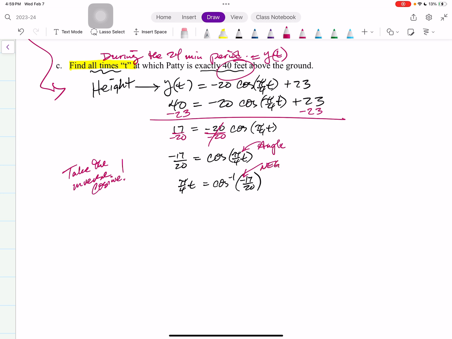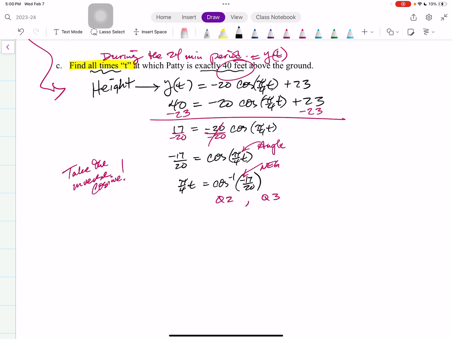And you got to be thinking, in what quadrants is this negative? Cosine is negative in quadrants 2 and 3, as you guys know. So I'm going to say a quadrant 2 and then also a quadrant 3 angle. And the question is, what are those two angles? And whatever they are, I then use them to solve for t.